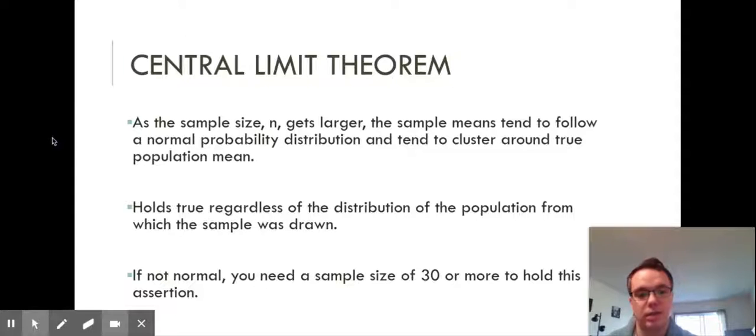It doesn't matter what kind of data it comes from, whether it's skewed or unskewed, the bigger the sample size, the more normal it gets. If it doesn't start out normal, you need at least a sample size of 30 or more to start getting this pattern. We are going to go through an example so that this makes sense. But basically, what it says is we can assume that our sample mean is going to be distributed normally, so we can treat it like a normal curve.